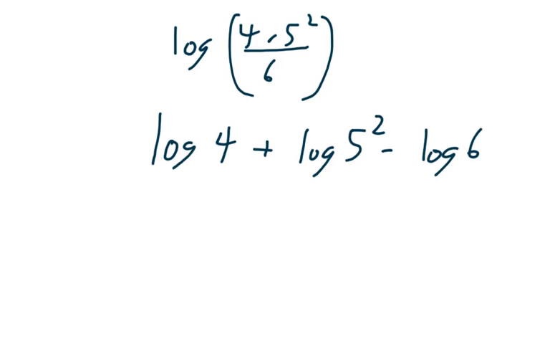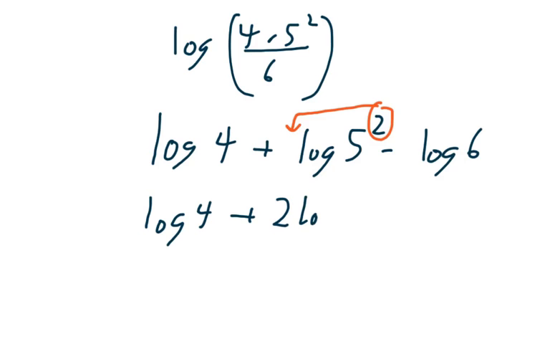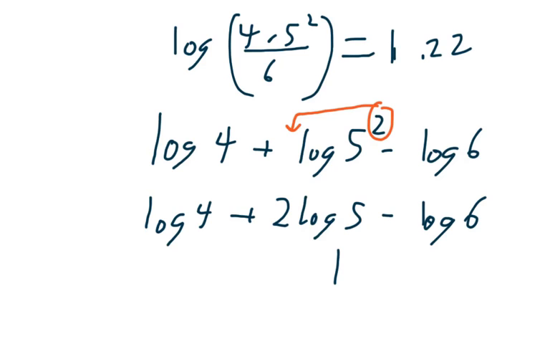Now of course this 2, that's an exponent, comes over here. So we wind up with log 4 plus 2 log 5 minus log 6. And when I put this top one in the calculator, I get 1.22, and down here I got 1.22.